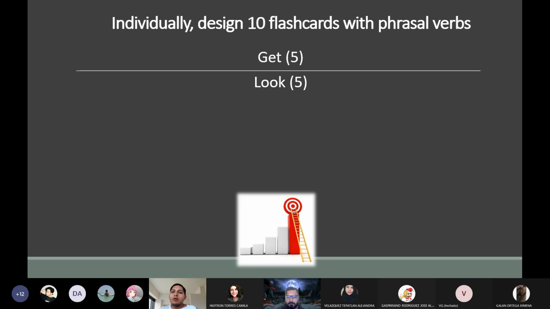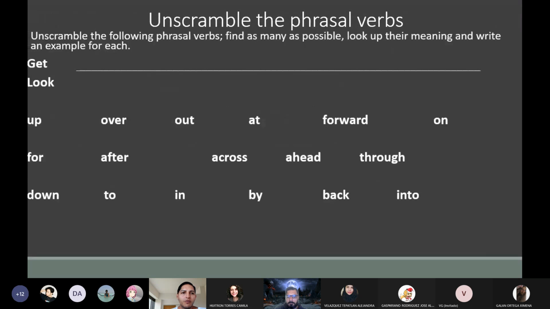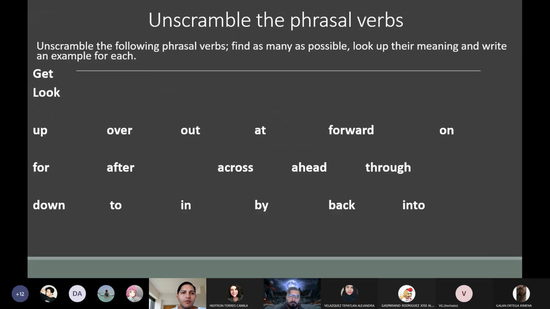Now, you decide the complexity of your phrasal verbs. You could use, for example, very basic ones such as get in or get to or get out, or you could increase the level of the phrasal verb you want to learn.